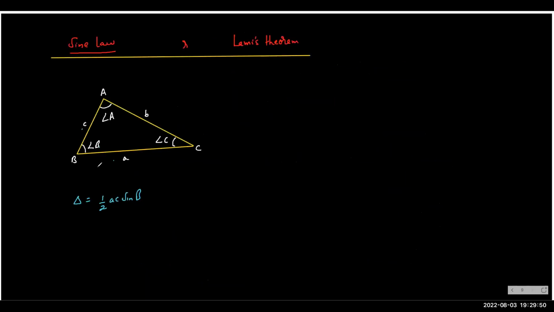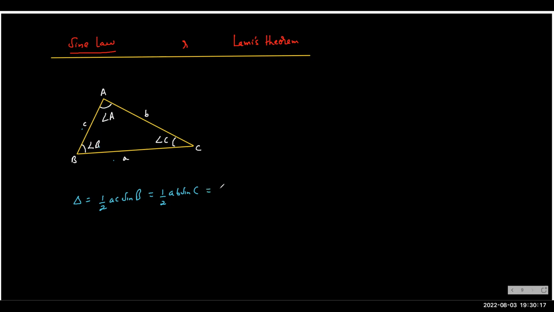If I choose these two as the sides and the angle between them, you can express the area like this: half AC sin B. But if I choose A and B as my sides, can I write this as half AB sin C? Yes, sir.